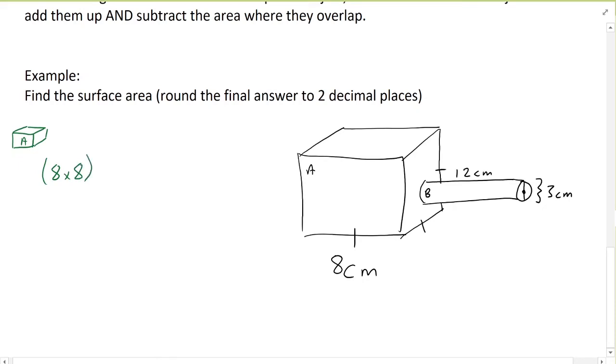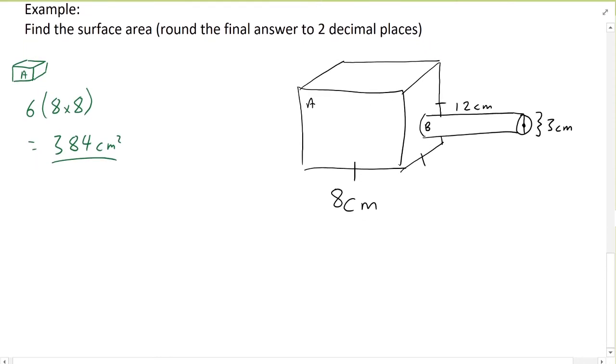And since it's a cube, and every single surface is the exact same size, we have 6 surfaces, so just multiply it by 6, and we are done. This works out to 384 square centimeters. Okay, that surface area is done.